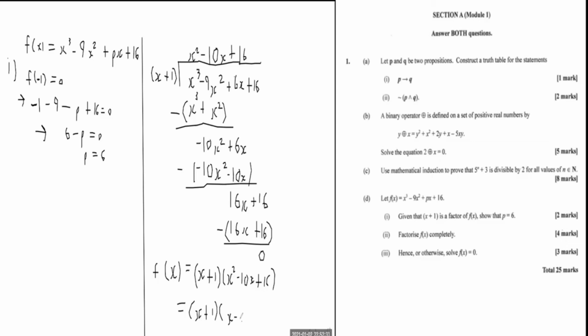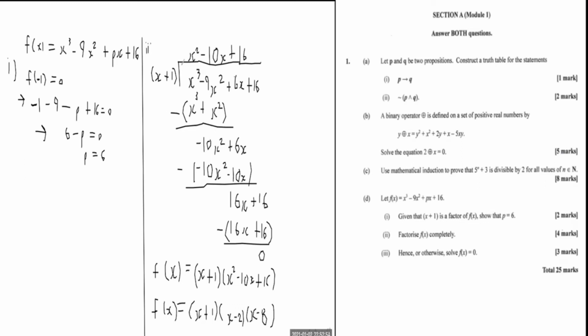So it looks like x minus 2 times x minus 8. That's how we factorize it. Nice and easy. Okay, so we've completely factorized f of x. So this is part 2.